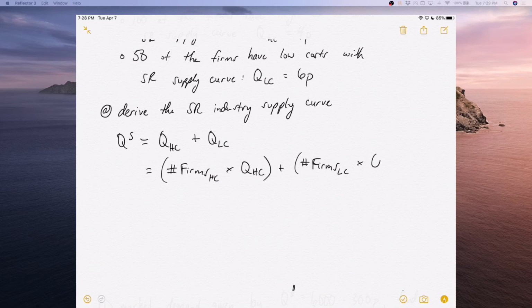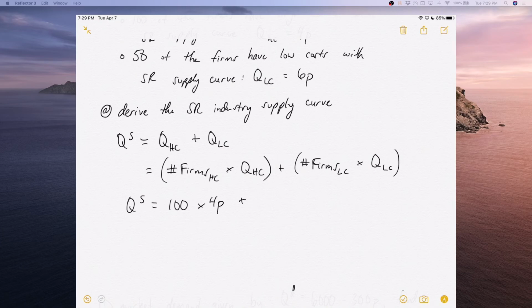We have the number of firms in each group, and we have their production function. So QS is just going to equal 100. That's how many high cost firms we have, times 4P, plus 50.